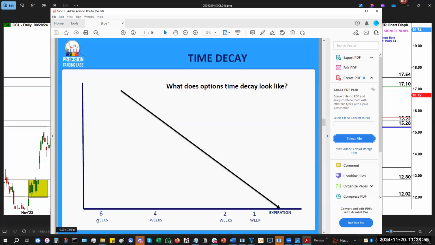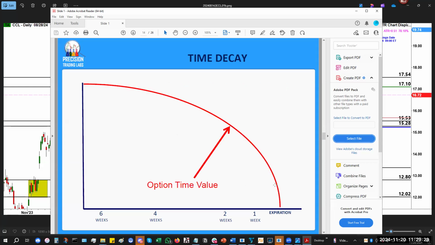So if we think about time decay, if you didn't know any better, you'd look and say, well, you have this much time at the beginning here, and when you get down to day zero, at expiration, that's of course going to be zero, so you connect the dots and that would be the graph of time decay. But that's not how time decay works, because in fact, time decay looks like this.